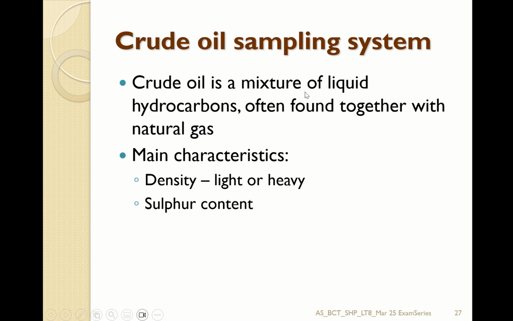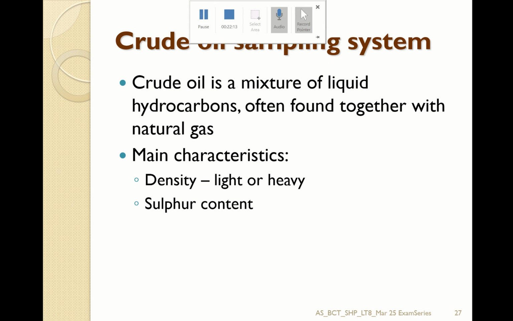So crude oil sometimes has a mixture with liquid hydrocarbons, and usually this is found together in natural gas. Some of the characteristics are based on the density, whether it's a light one or heavy one, and the sulfur content.